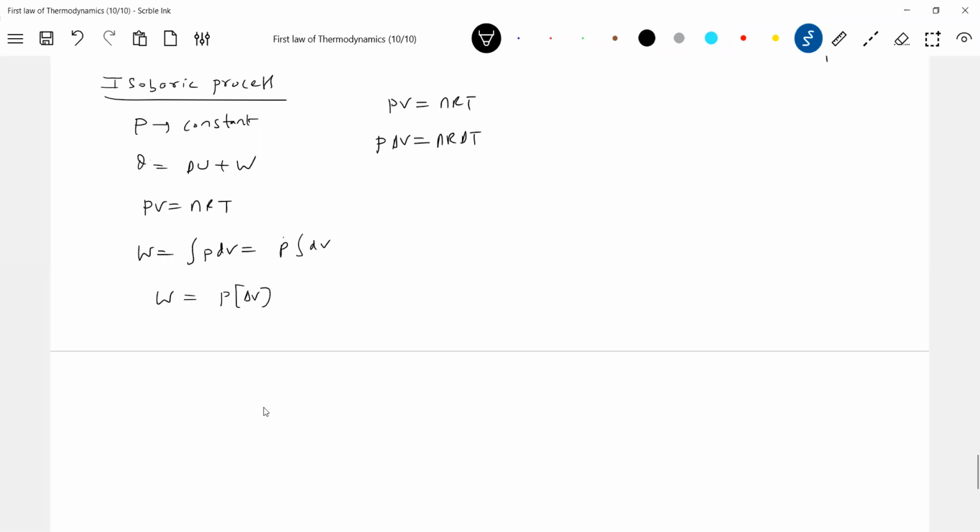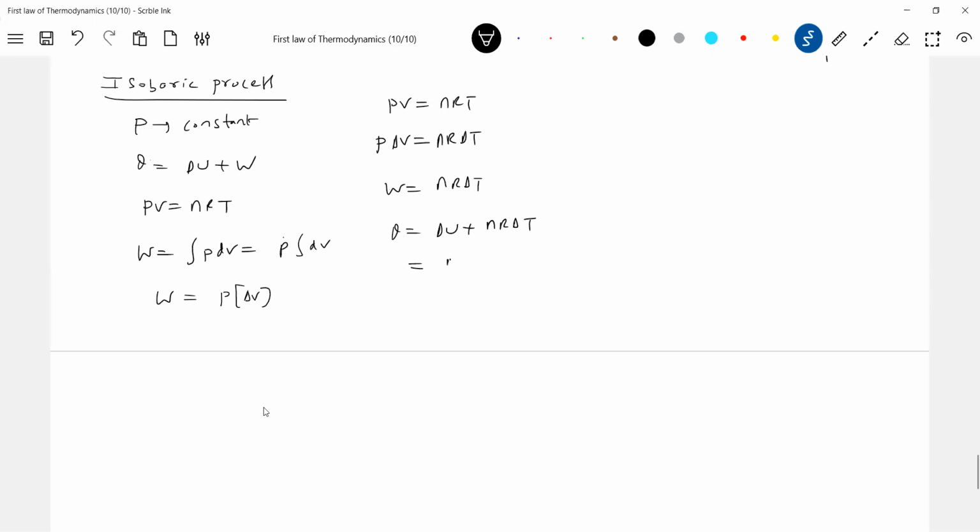So in place of P delta V, what you can write? nR delta T. Substituting this, Q equal to delta U, in place of W, I'll write nR delta T.